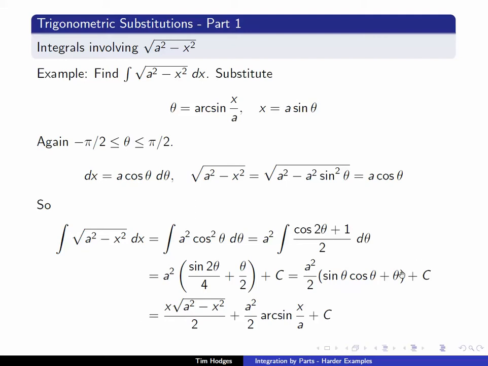The last theta term we just keep as arcsine x over a, not forgetting the factor here of a squared over 2. So this gives us a final and somewhat surprisingly complicated answer for the integral of radical a squared minus x squared. It's 1/2 x root a squared minus x squared plus a squared over 2 arcsine x over a plus c.